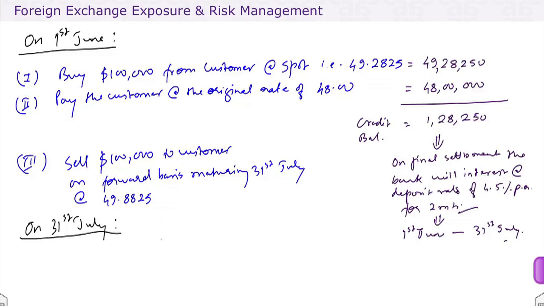So the bank would sell at this given rate of 49.8825. So that again would be 2 transactions.